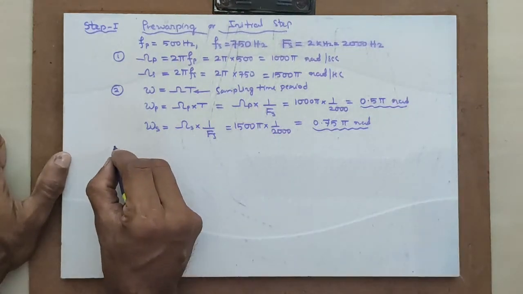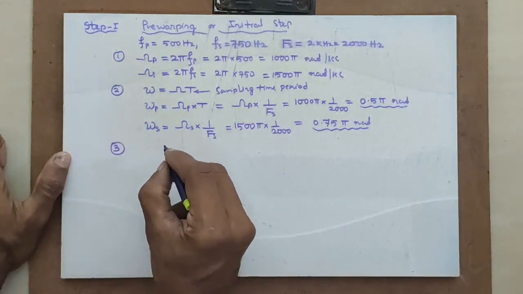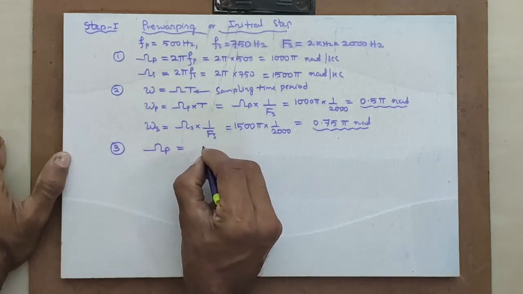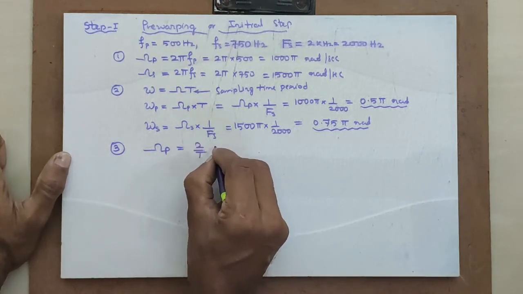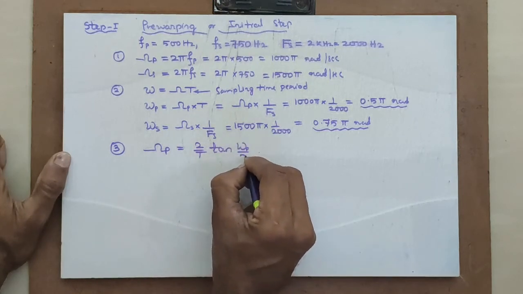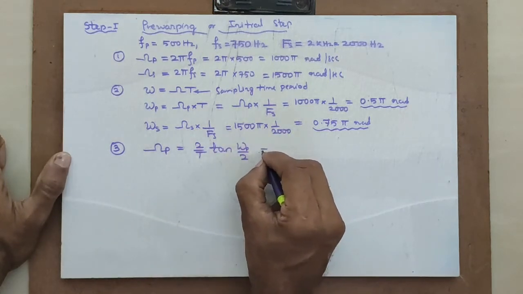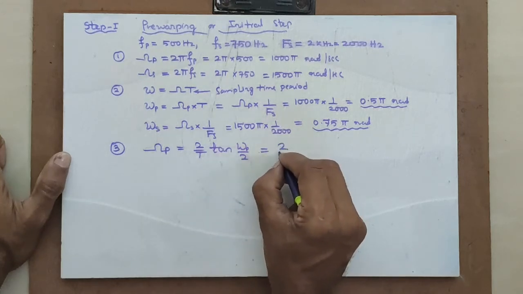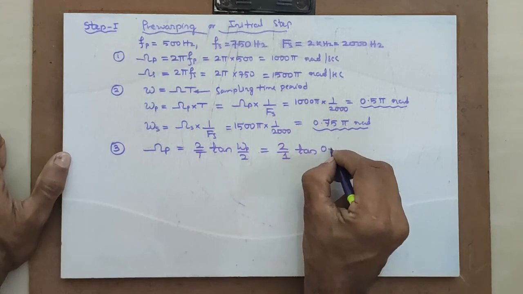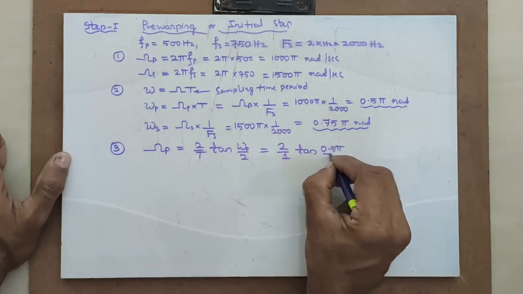What is the third step? I have to come back to omega p equal to 2 by T tan of W by 2. Here T you take as 1 second, so 2 by 1 tan of 0.5 pi divided by 2.